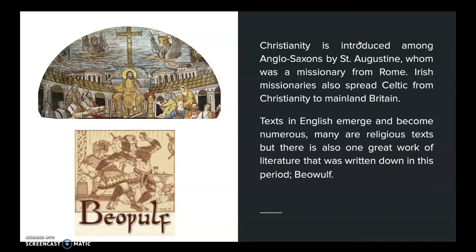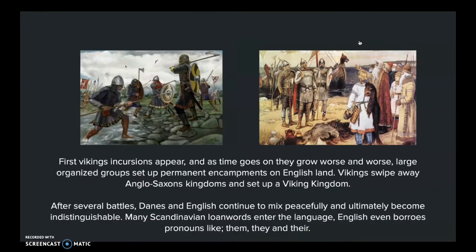Continuing on, the Romans brought all of these new words that had Latin or Greek roots, and they were introduced to the Anglo-Saxons, who started to borrow them and make them part of Old English. The influence of Celtic upon Old English was really slight.